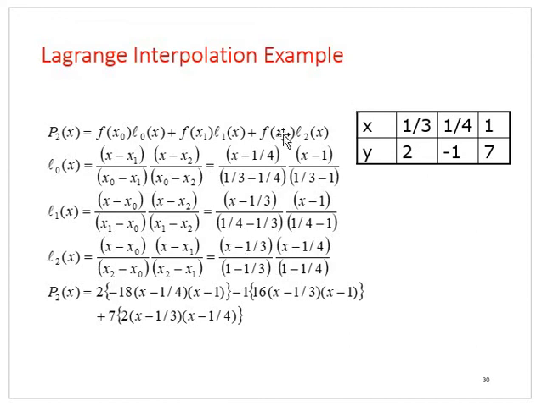So now, since this had 3 points, in the numerator we're multiplying two factors.